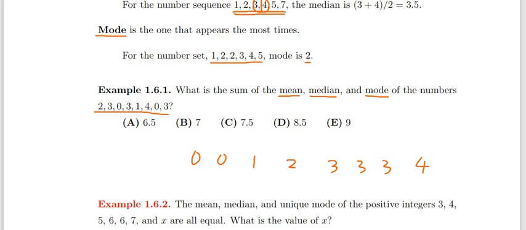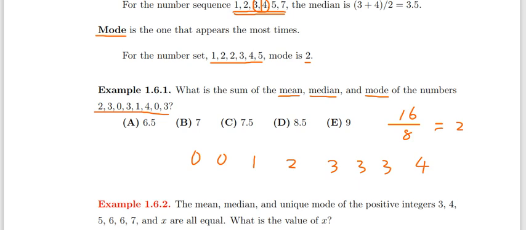Okay, so what is the mean? Mean is the average. Add them up. The total is 16, divided by 8. So the average is 2.